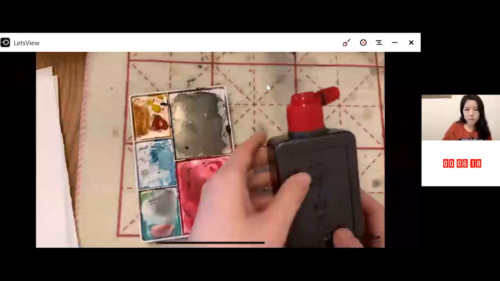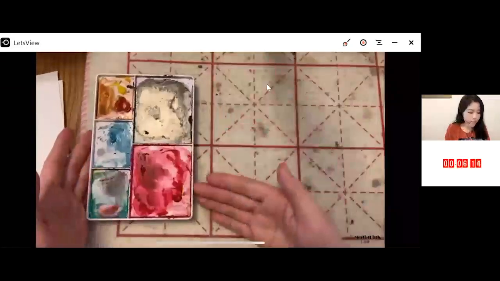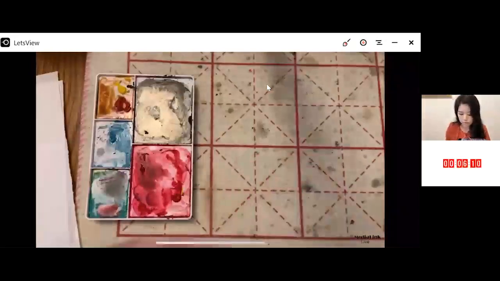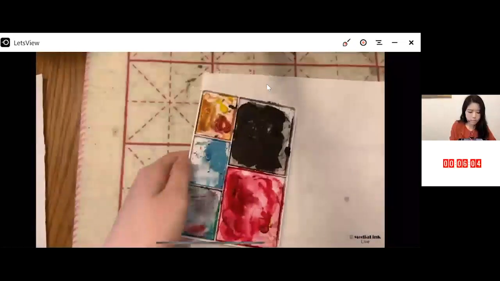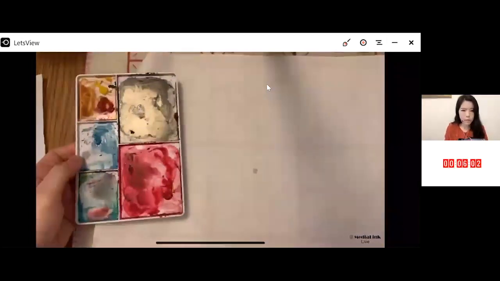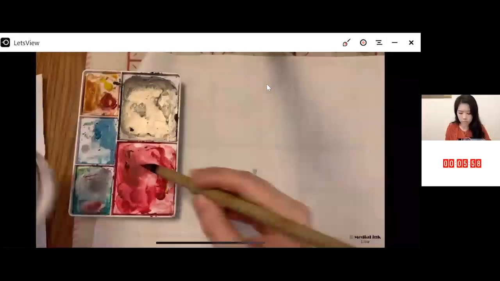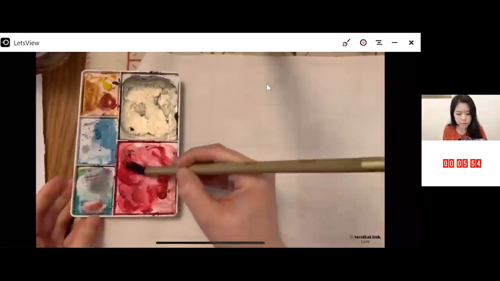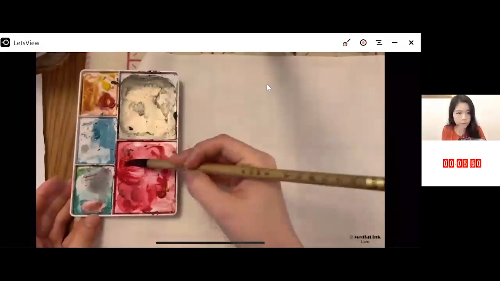And now let's put the ink and the paint we need in the palette. Now, take one of your brushes and get some water, get the paint, not too much, just at the tips of your brush.